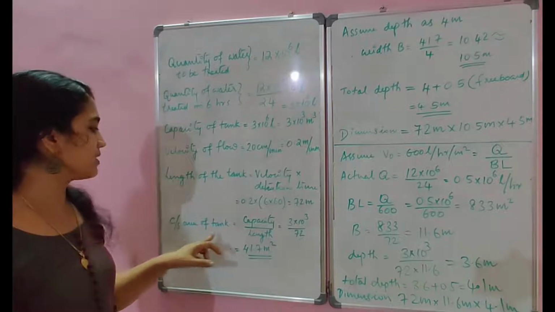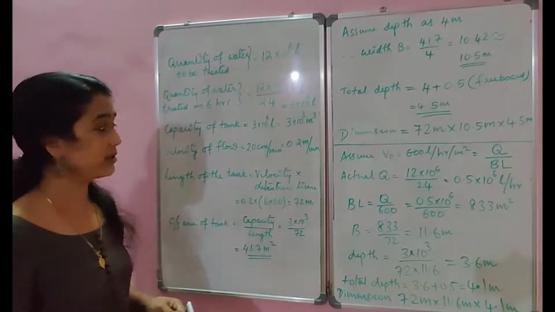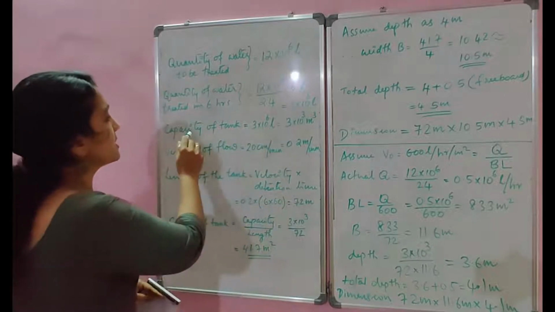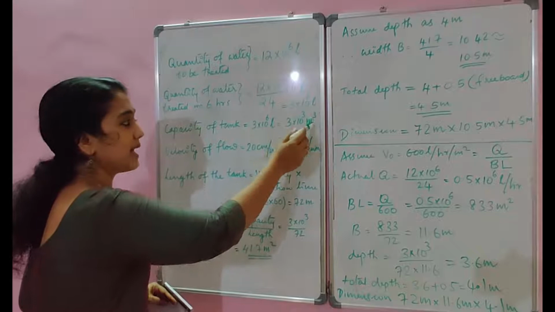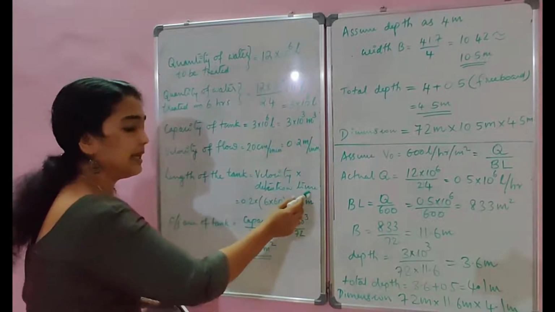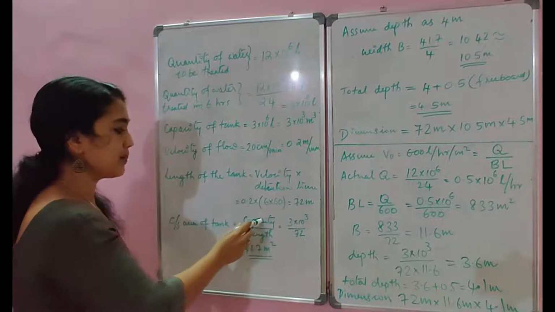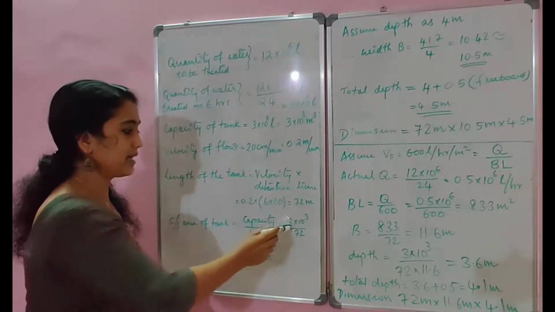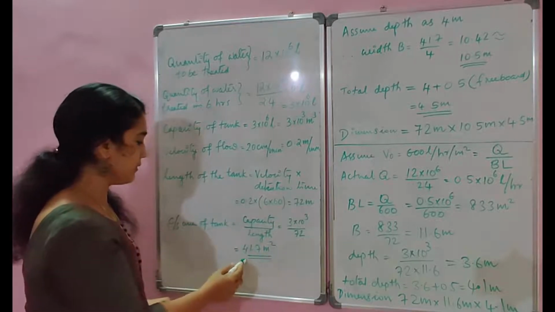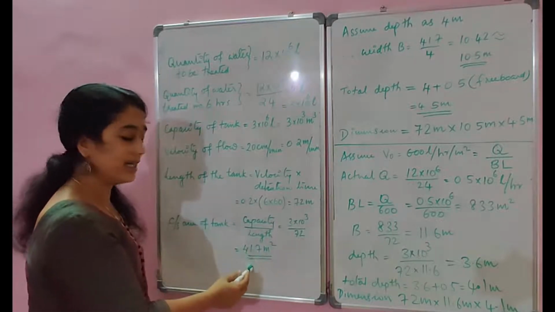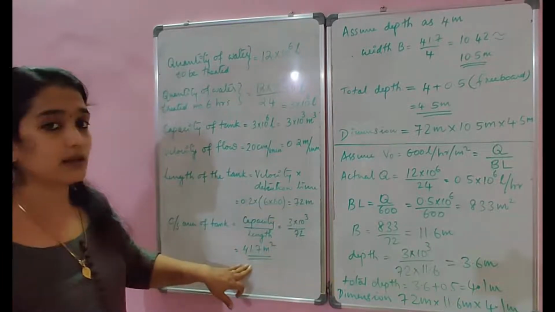Then the cross-sectional area of the tank. How are we going to calculate it? This is the capacity, that is the volume of the tank, and we already got the length. The cross-sectional area of the tank is equal to capacity divided by length, that is 3 into 10 raised to 3 divided by 72. So we got the length and the cross-sectional area.